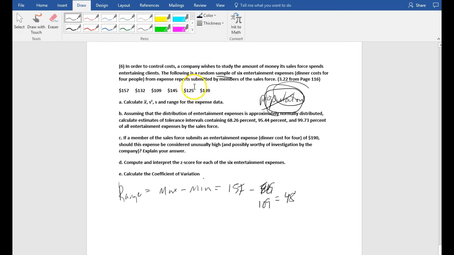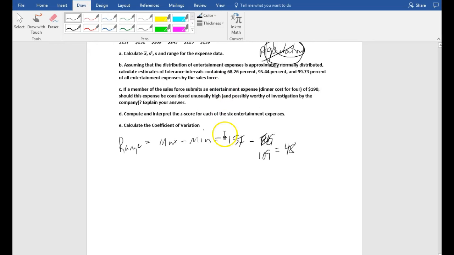So now B: assuming that the distribution of entertainment expenses is approximately normally distributed, calculate estimates of tolerance intervals containing 68.26%, 95.44%, 99.73% of all entertainment expenses by Salesforce. Okay, so what this is asking us to do, I'm just going to scroll down just a little bit.